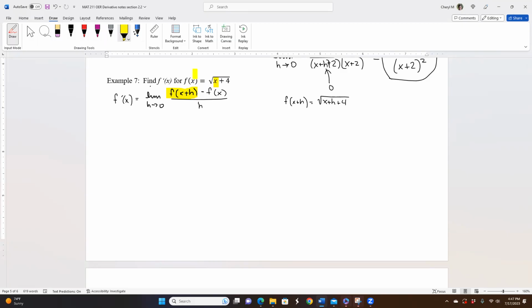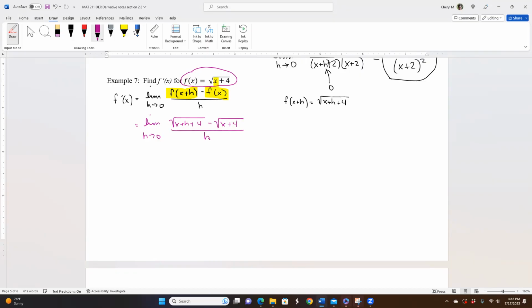Then f of x is just the square root of x plus 4. So this becomes the limit as h approaches 0 of the square root of x plus h plus 4 minus the square root of x plus 4 over h.